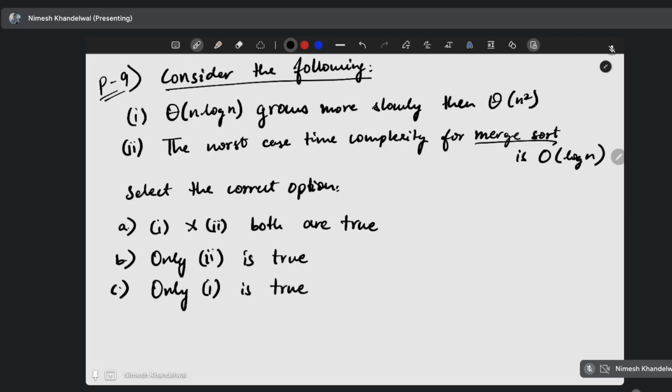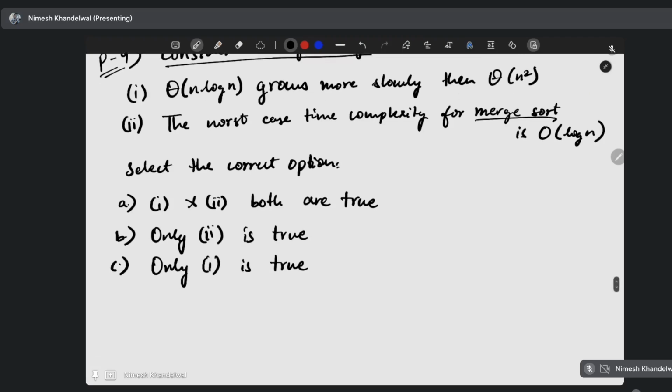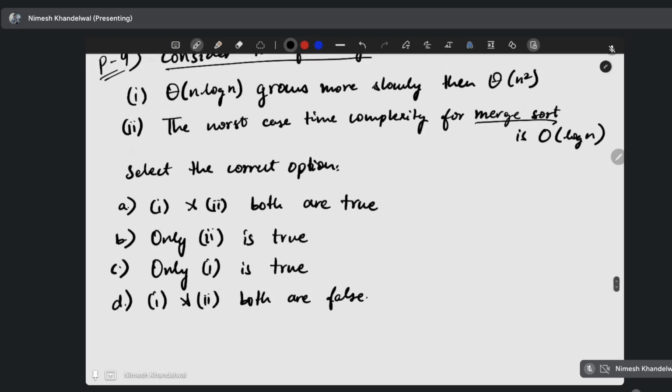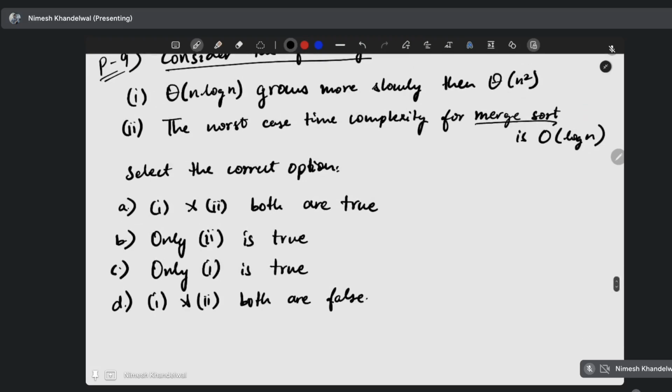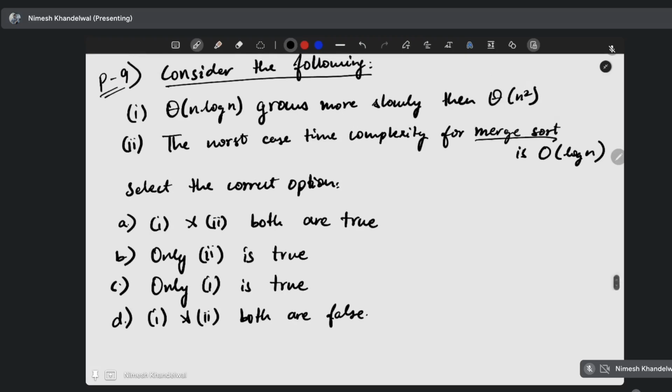So n log n grows more slowly than n squared, right? Or D is both are false, right? So let's take the statements one at a time, right?